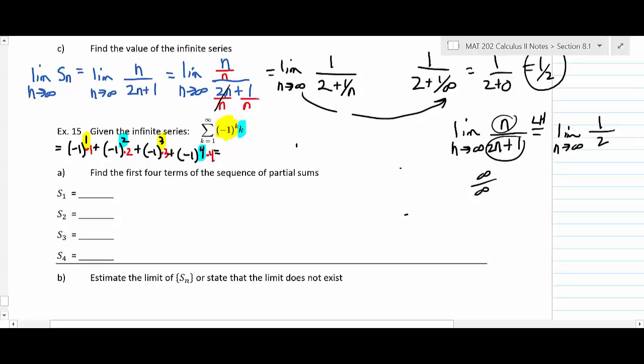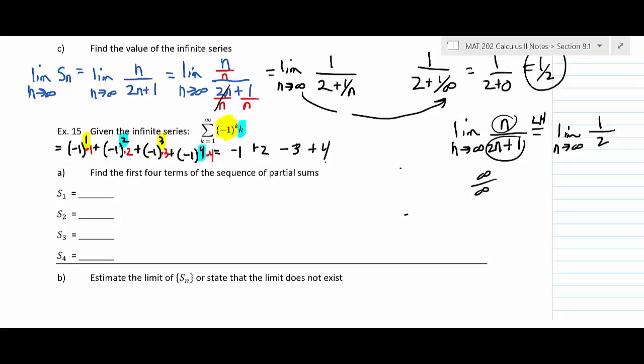I was so into the alternating part of that, I forgot about the k. So what you would have then is -1 plus 2 minus 3, and then plus 4, because you're just multiplying that power of -1 by whatever k is. Everybody understand how that's working?